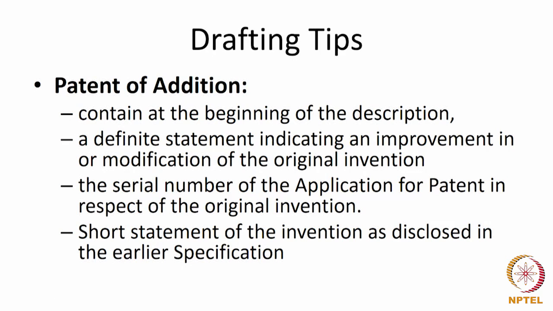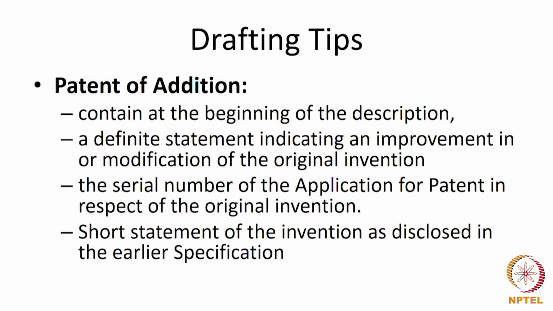There are some extra requirements in the case of a patent of addition. Now, we will soon be having a lecture on patent of addition, but you need to understand that at the beginning of the descriptive part, there has to be a definite statement indicating an improvement or modification of the original invention.